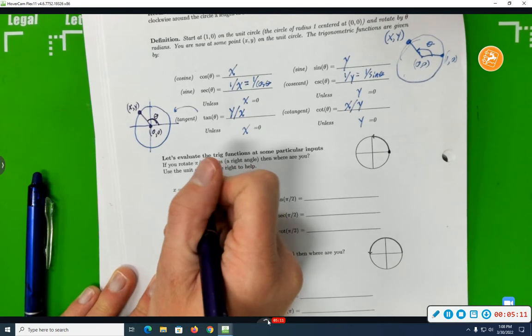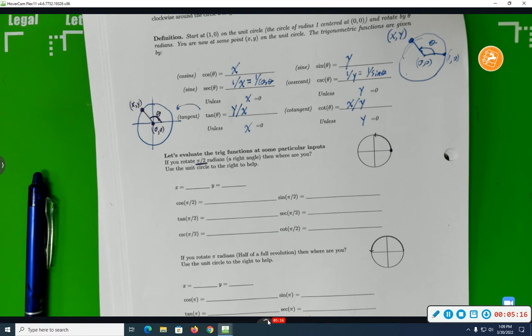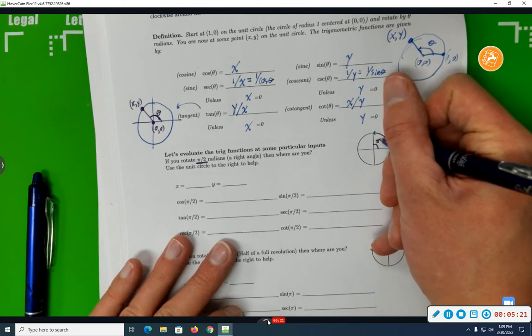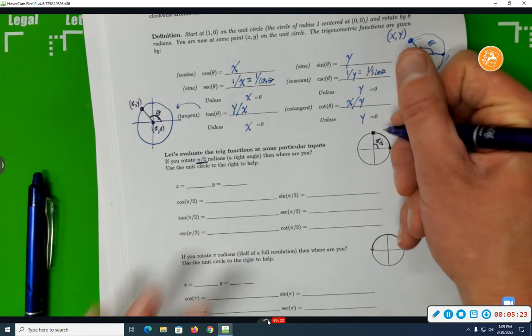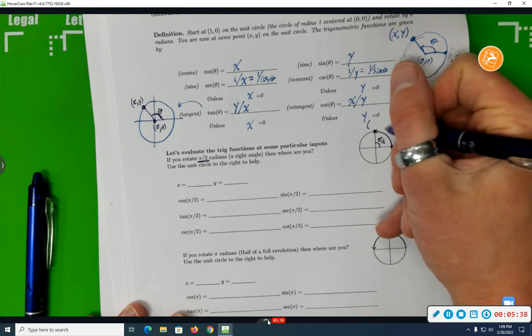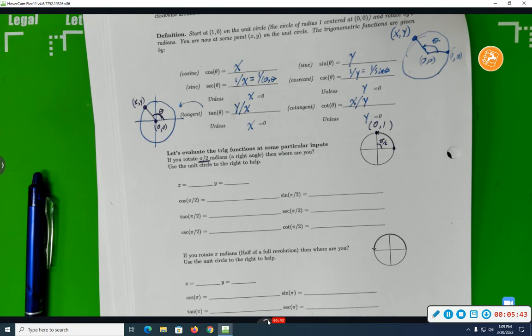Let's figure out the trig functions at an angle of pi over 2, also known as a right angle. If you start at (1, 0) and rotate forward by pi over 2, you'll be at this point. What is that point? (0, 1). If you rotate forward by a right angle, (1, 0) becomes (0, 1).